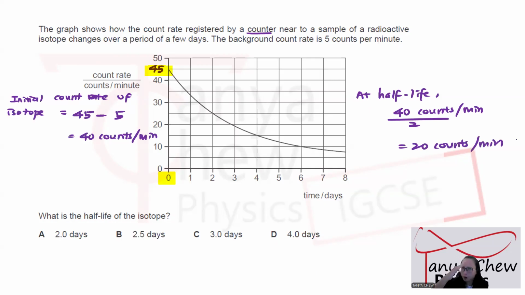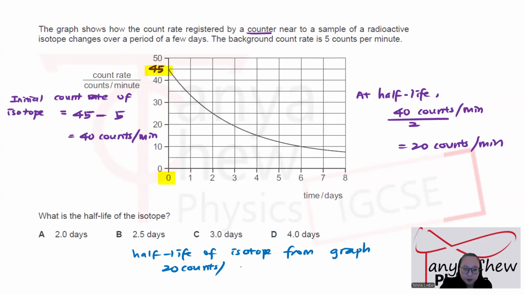Remember what I told you? The graph is included. Each and every value on the graph is included with the background count rate. So in order for you to use the graph to determine the half-life of the isotope, background radiation must be added back. Right. Okay, half-life of isotope from graph: you take the count rate of the isotope at half-life, which is 20 counts per minute, add back the background radiation, which is 5 counts per minute.